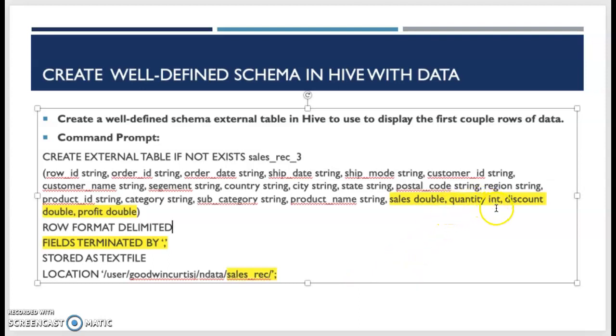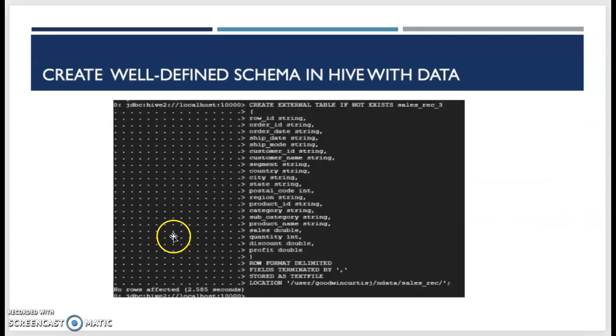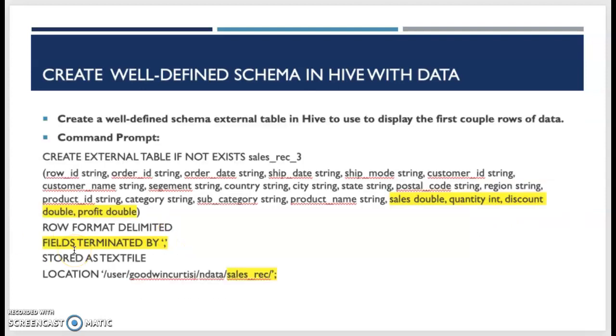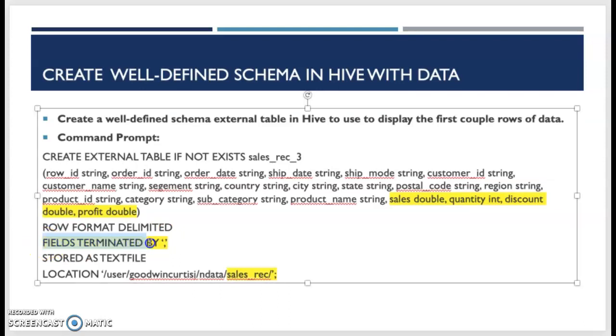The quantity was an integer, the discount was a double float, and the profit was a double float. And so defining these, we can now say that we want all fields to be terminated by comma, which means we're going to parse on the comma, and the product name will stay intact as we described in the slide above.